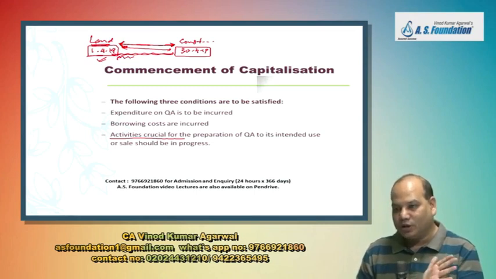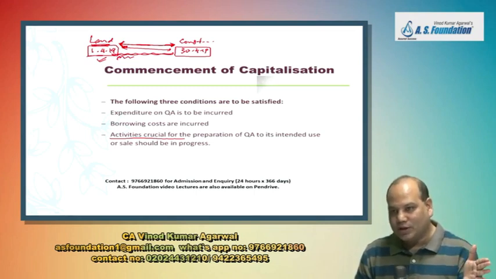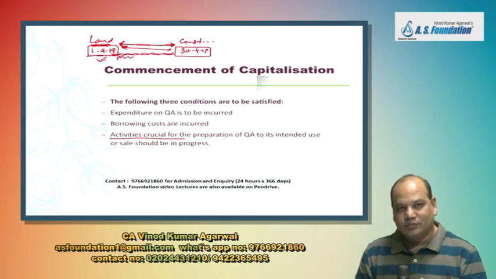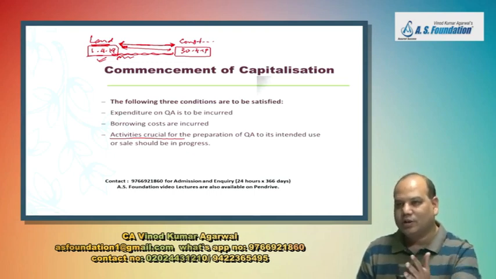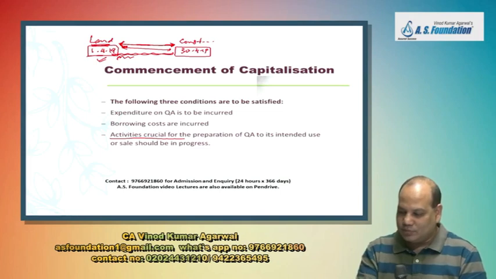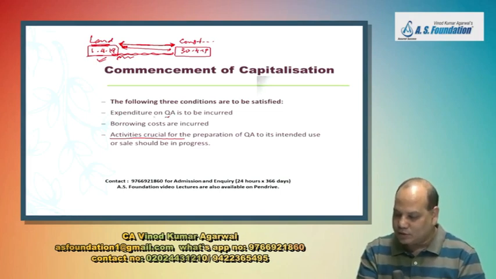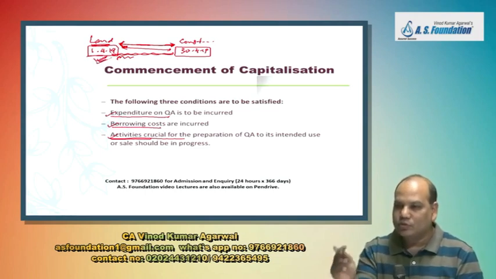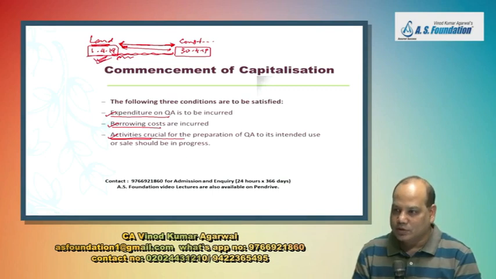Like for example, the architect will come and do the planning, land leveling, approval or other administrative formalities. If they have started and you have purchased the land, and borrowing is there, when all three are satisfied on this date, you can start capitalizing from this date.